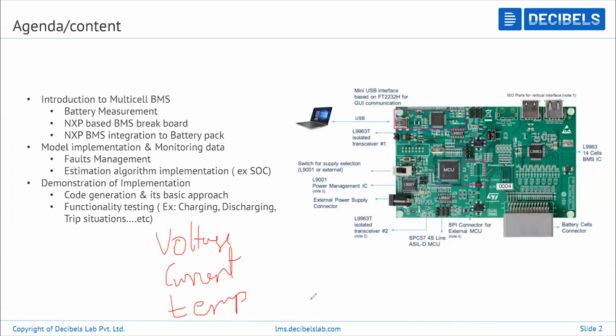With these three parameters, they come up with the algorithm development such as SOC, SOH, and even the functionalities like over voltage cutoff, under voltage cutoff, over temperature cutoff, etc. So how can these be measured?